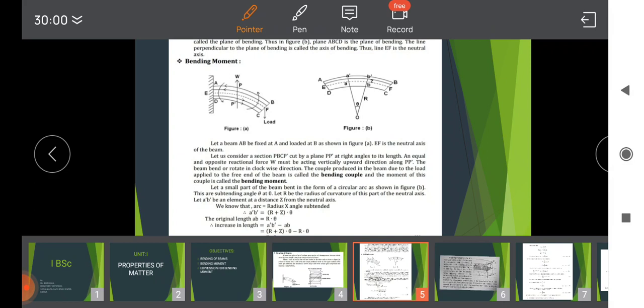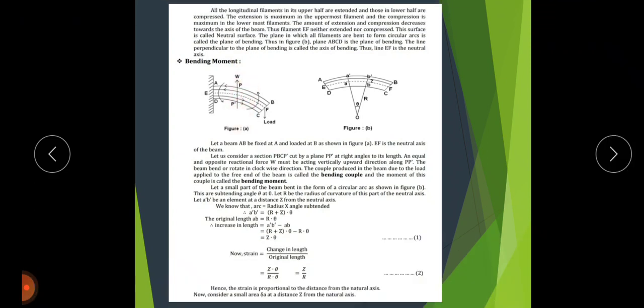The line perpendicular to the plane of bending is called the axis of bending. Here the line EF is the neutral axis.